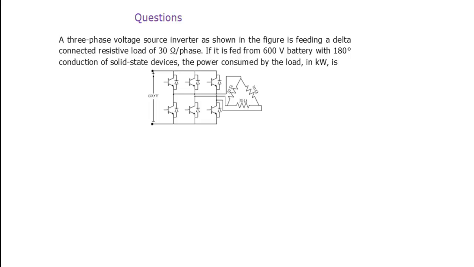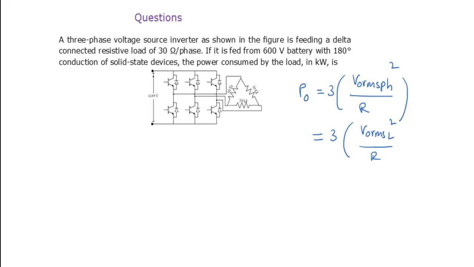Power consumed by the resistive load is 3 times V naught RMS phase square divided by resistance per phase. But in case of delta, phase and line are the same, so it is the RMS value of the line voltage squared divided by resistance.